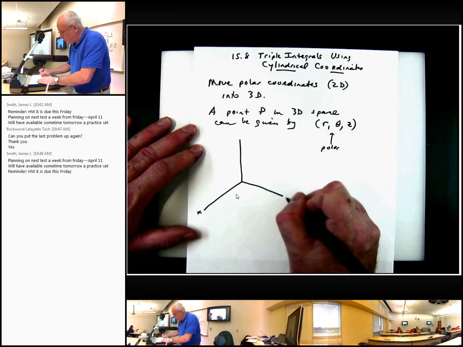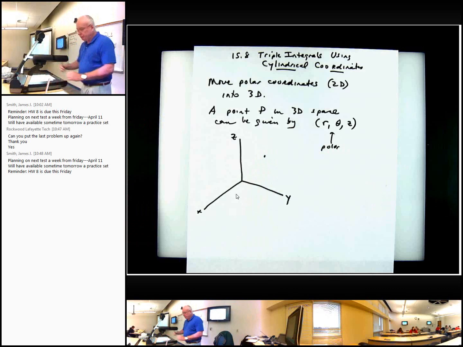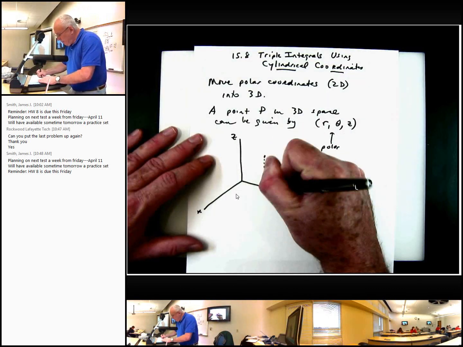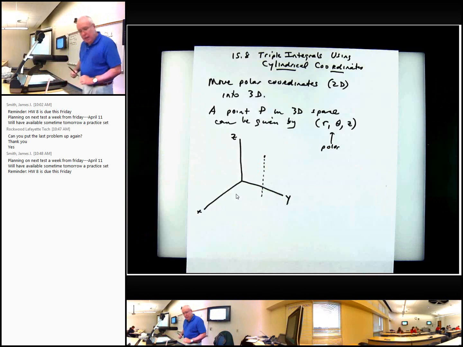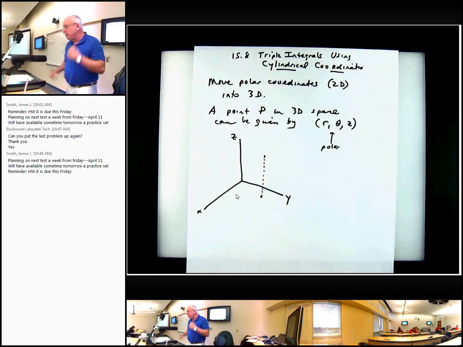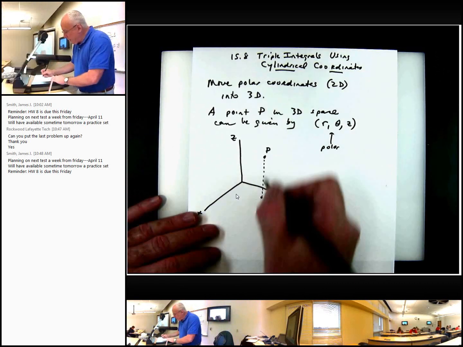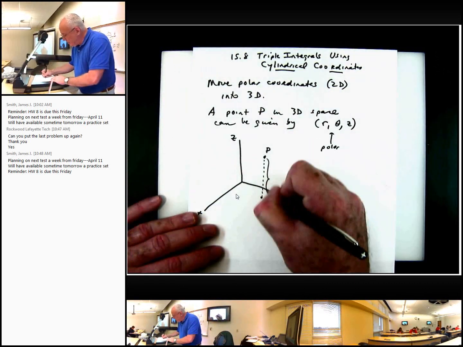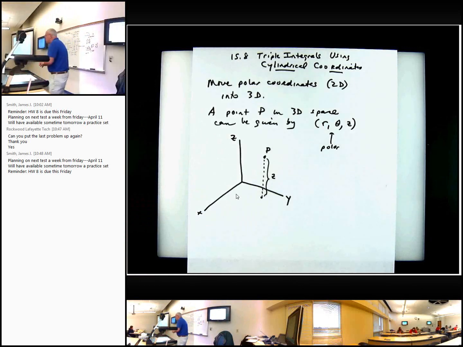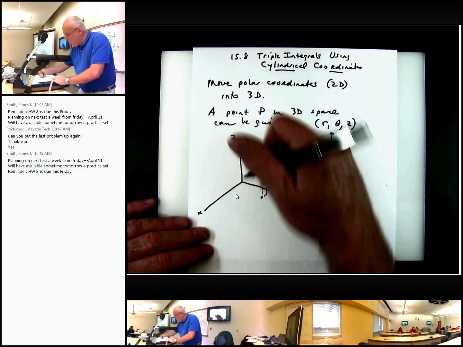Here's our x and our y and our z. So we have a point up here. Basically, if we drop a perpendicular line down, we get a point in the xy plane. So this is our point P. And this then is the z, which is just the z coordinate. Now here it drops down to the xy plane.